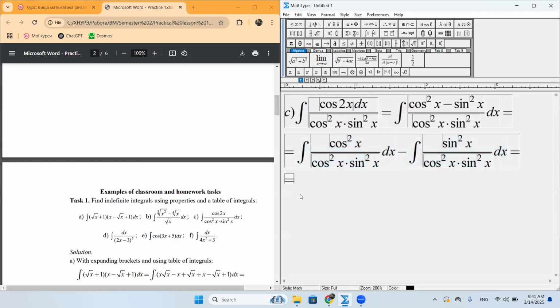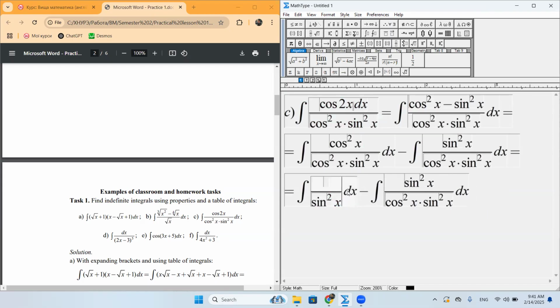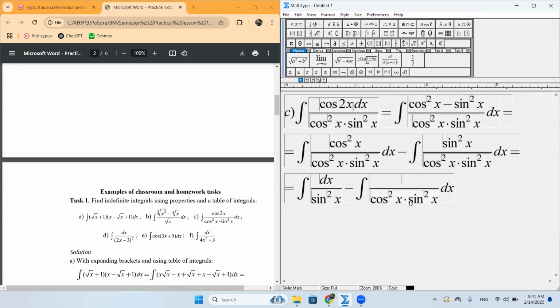And now we can simplify them. So I can reduce this cosine square of x in the first integral. And the same with the sine in the second integral. So what do you see now? Do we have such integrals in the table? Yes.